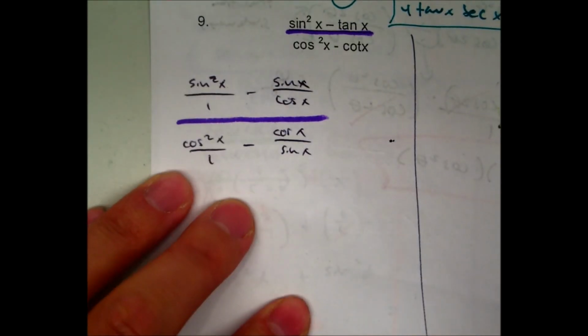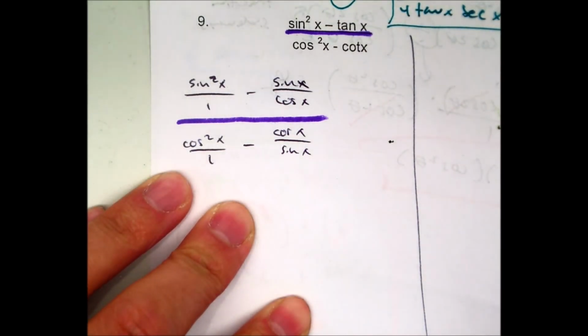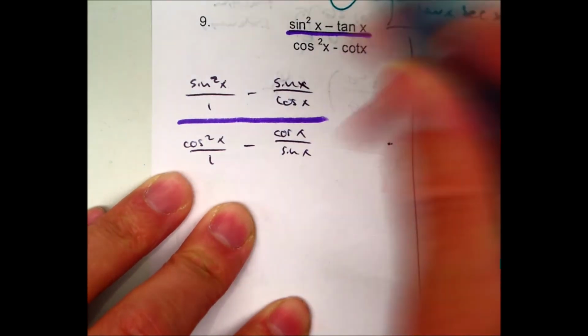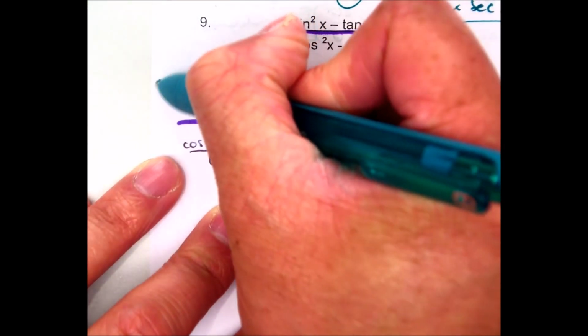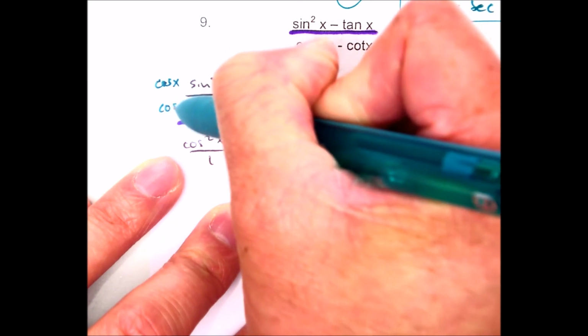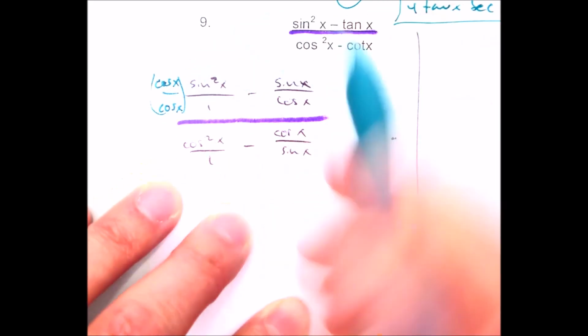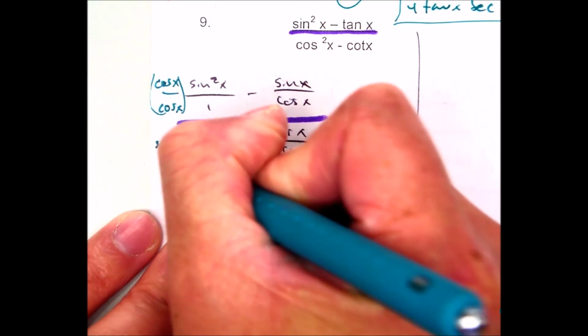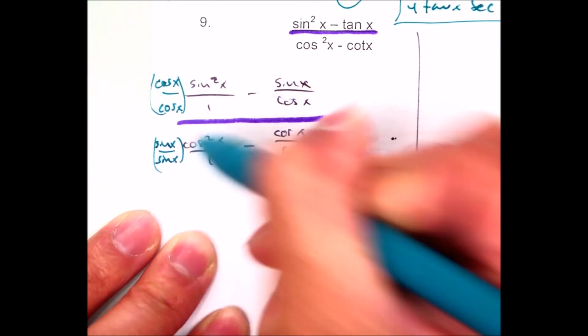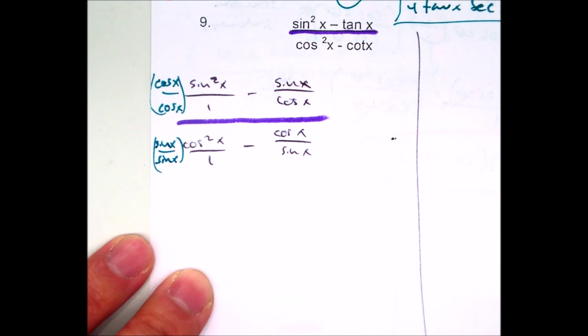And then you have the same issue here that you're trying to get common denominators. So notice how this side has a cosine and this one doesn't, so I'm going to multiply this side by cosine. And I'm going to multiply this one by sine. What does this give me?